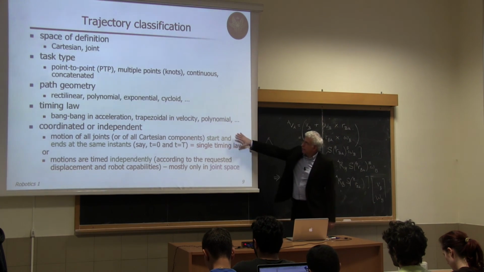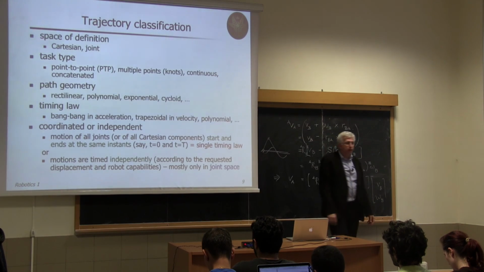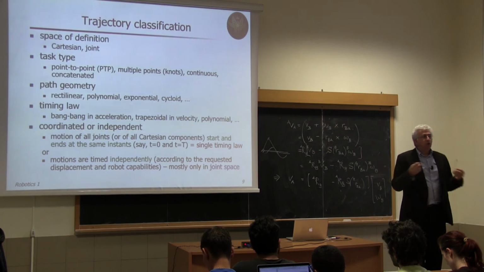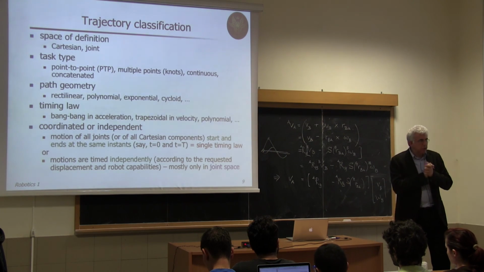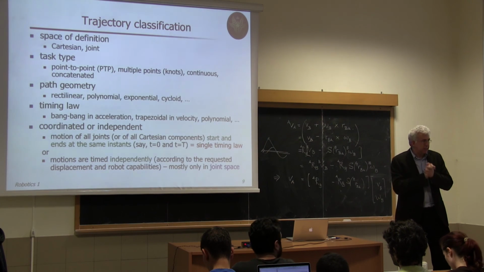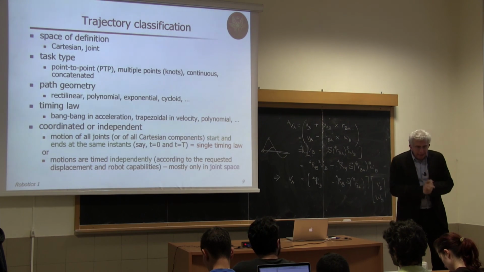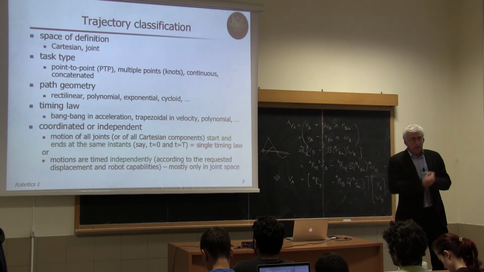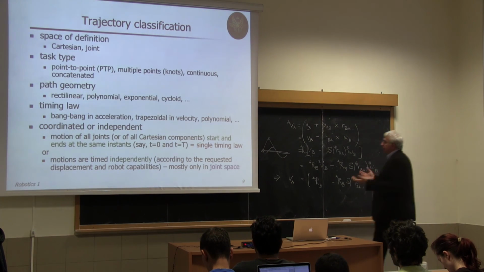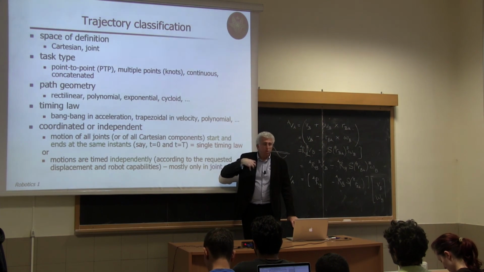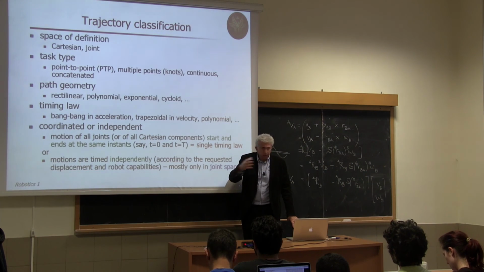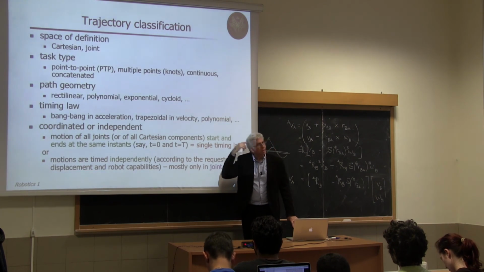And last but not least, this is very important, the fact that the whole motion may be coordinated or not. That means that, if it's coordinated, each component starts at the same time and ends at the same time. Now, these components may be Cartesian components or joint space components. In Cartesian space, the most natural thing is to have coordinated motion, because when we move our arm, we usually do coordinated motion, no matter if we do it in Cartesian space or we do it thinking of our joints.